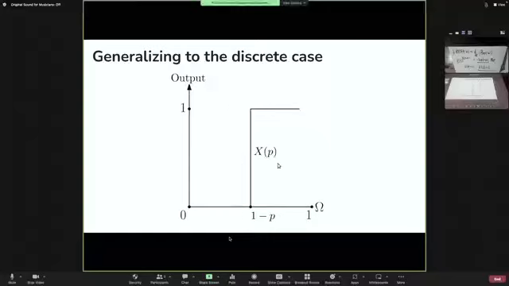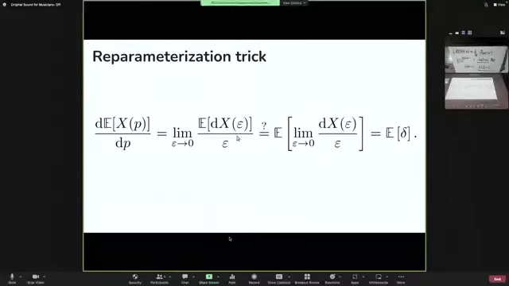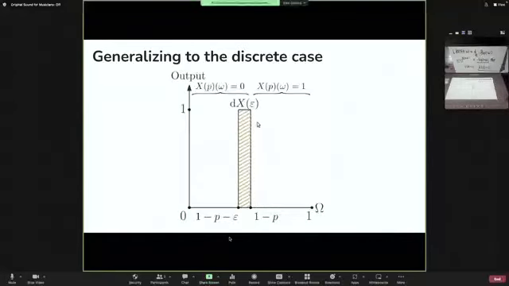For people who like analysis, there was an interchange of limit and expectation that occurred here when we were trying to justify that the reparametrization trick works. And that is no longer valid in this case, because if you think about dividing this by epsilon, the magnitude of this thing is really, really large. It's 1 over epsilon. So that's the essential challenge of discrete randomness.